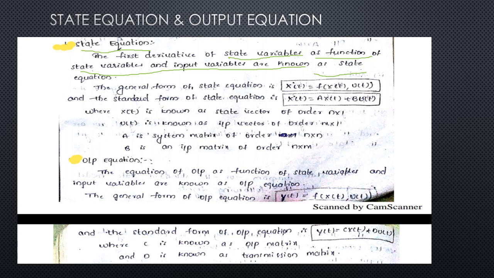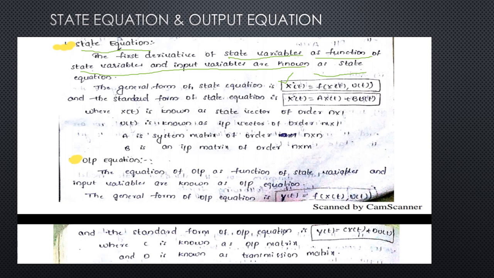The general form of state equation is given by x dot of t is equal to f of x of t comma u of t. Where x dot of t means the first derivative of state variables. If the state variable is x of t, then x dot of t represents the first derivative of state variable.